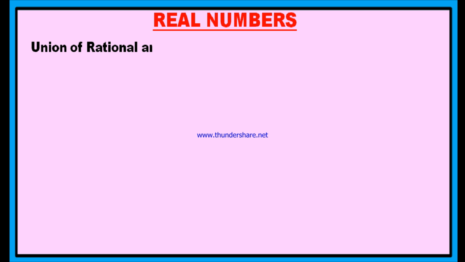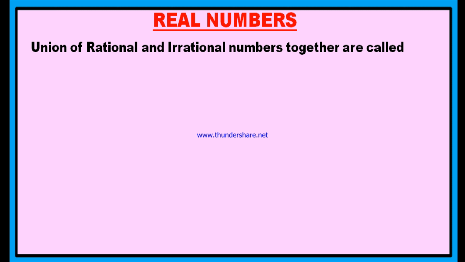A real number is nothing but a union of rational and irrational numbers. If we join rational and irrational numbers together, then they are called real numbers. Real number is nothing but the union of rational numbers and irrational numbers.